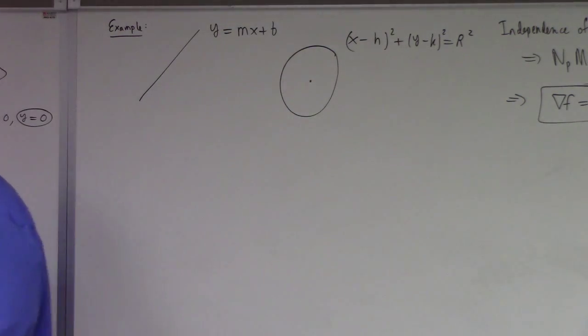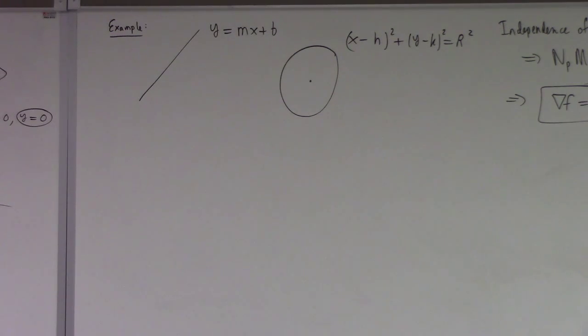Find the point on the circle which is closest to the point on the line. Now, geometrically, you can solve it. You find a perpendicular line to the line, and you make it cut through the center of the circle. Geometrically, that's going to be the solution, right?